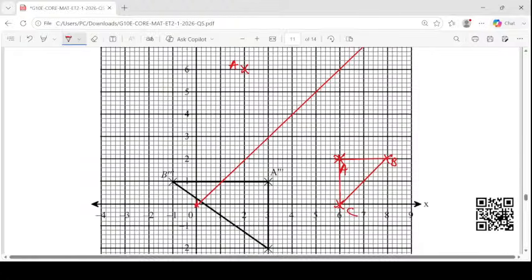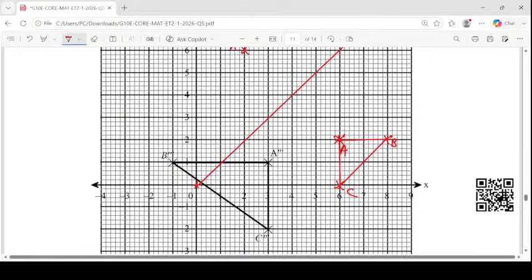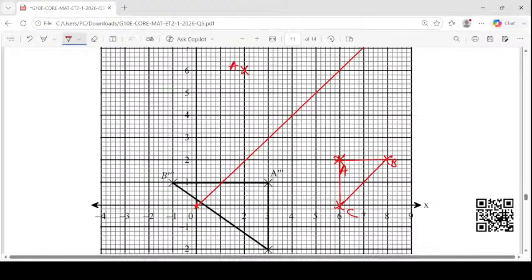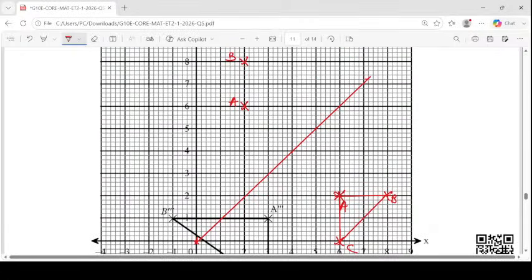That's our B. Our C will be 1, 2, 3, 4, 5, 6. Then I'll count 6 steps here. This is my C prime. This is my A prime, my B prime. Let me join and get this as my triangle.